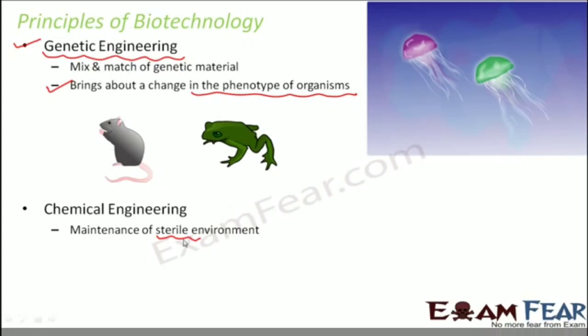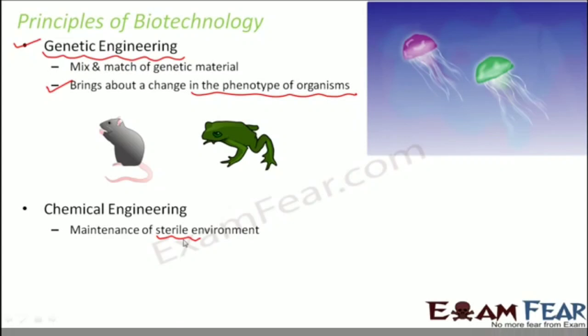Only when we are able to provide a sterile environment will the process of chemical engineering be able to take place. Genetic engineering is about mixing of the genes. But even after you do that, in order to produce that product, a lot of chemical processes will take place.